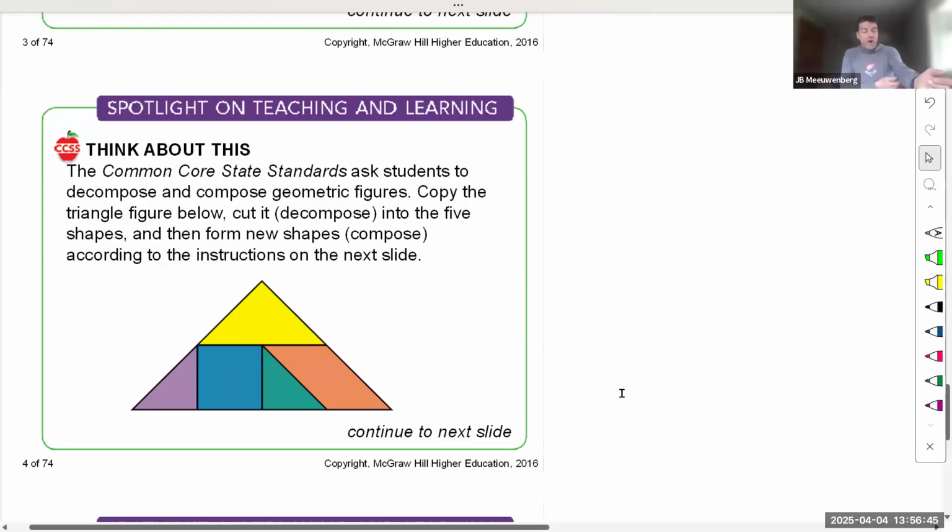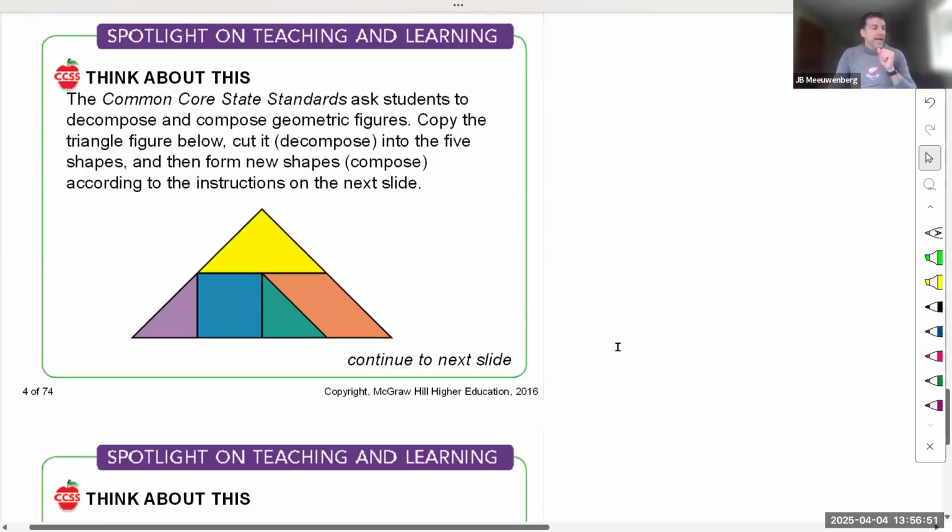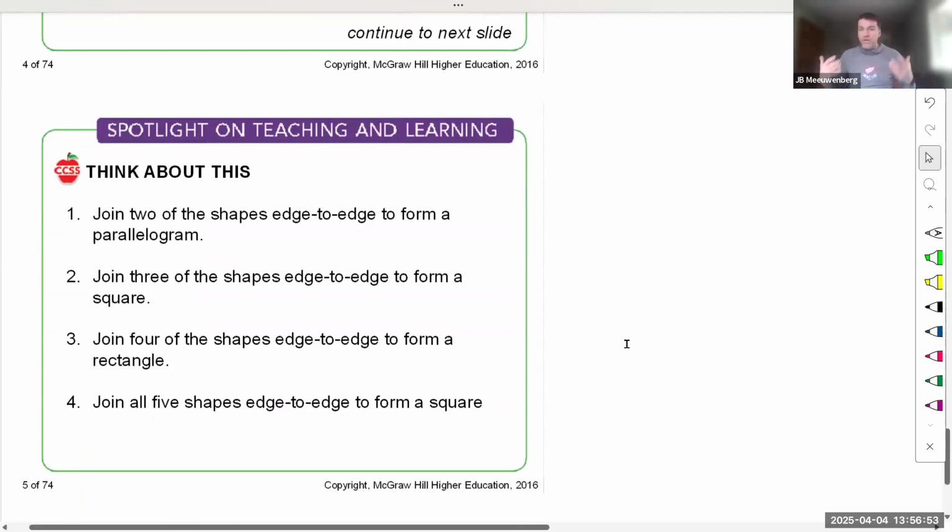I'm not giving you any right or wrong answers on this, but if you can sketch something like that out, cut it out, and then try to accomplish these goals with those figures. Again, I think that's a really good starting point for your thinking about what my students really need to know. So geometry, let's get into some terminology, lots of it.